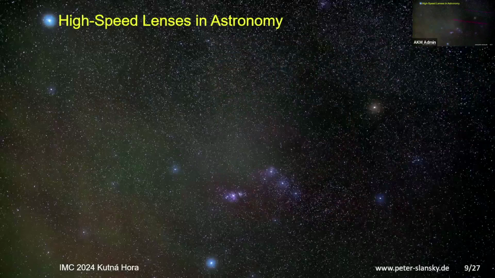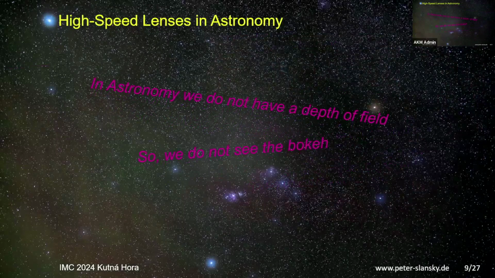So in astronomy, we do not have a depth of field. Everything is in focus, hopefully, and so we do not see the bokeh. Okay, so that is a good message. We don't care for the bokeh, usually, and we don't care for the depth of field.